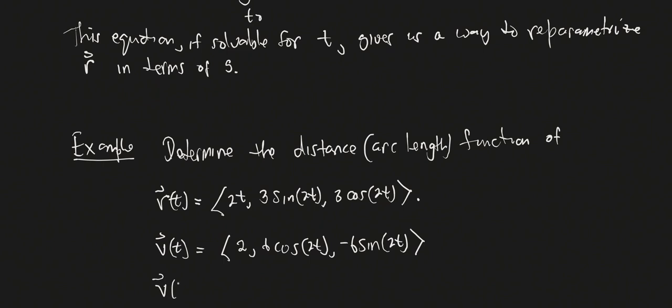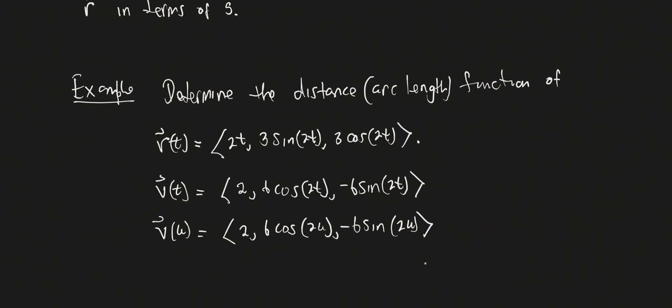We could have just switched to that dummy variable u right away, but I'll just express v in terms of our placeholder or dummy variable u. It is 2 comma 6 cosine of 2u comma negative 6 sine of 2u, right? Then we need to find its magnitude.